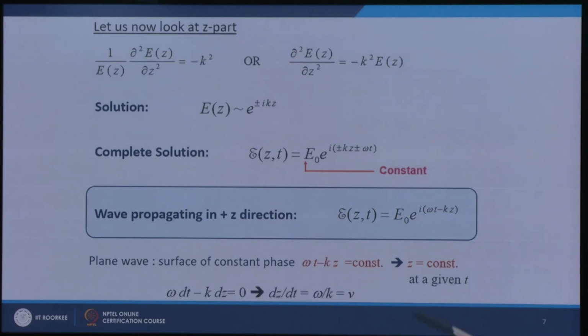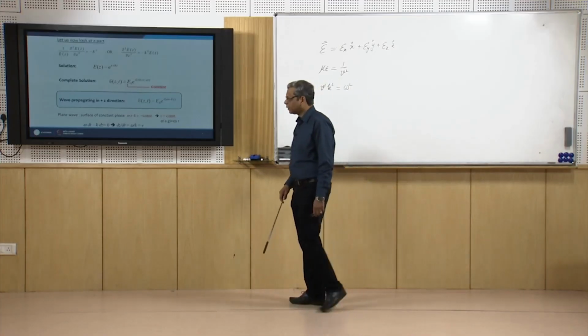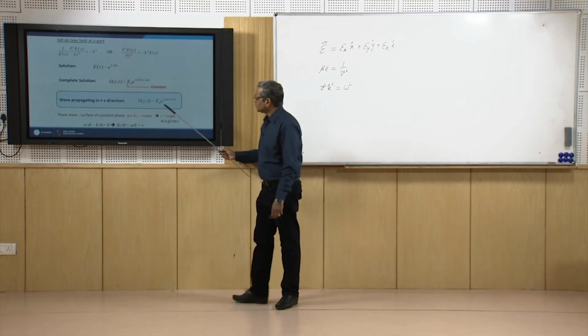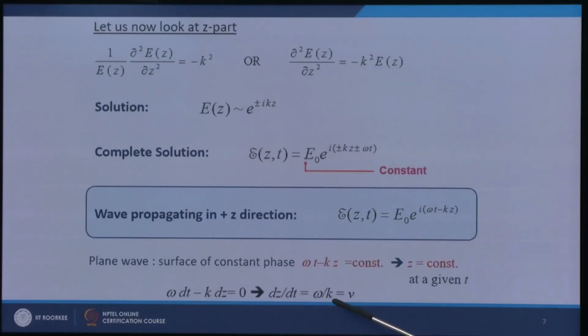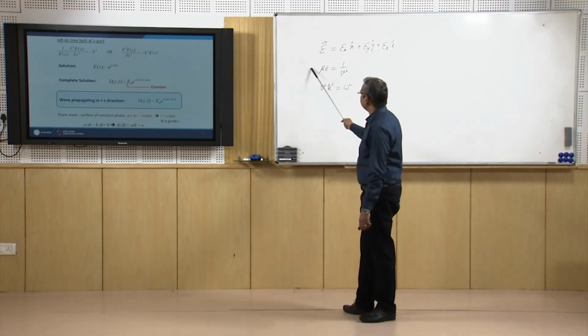When I differentiate, I get omega dt minus k dz equal to 0, which means dz over dt is equal to omega over k, and omega over k is nothing but v, which is the velocity of the wave, the phase velocity. So this is a plane wave moving with phase velocity omega over k, and that omega over k is nothing but v, the constant which we represented here.